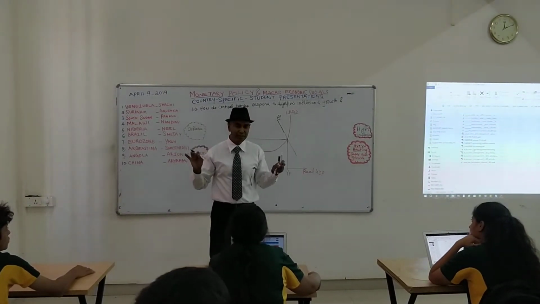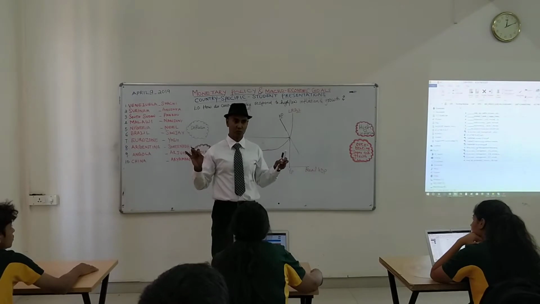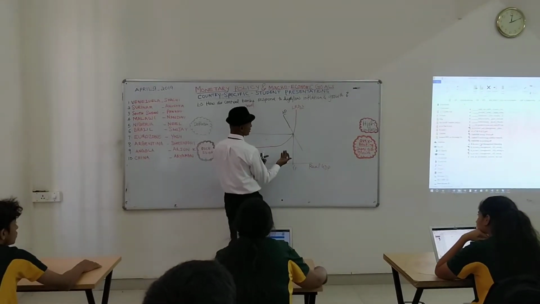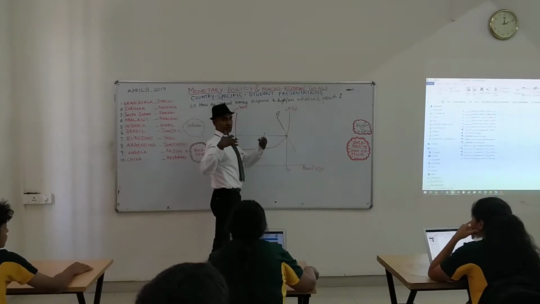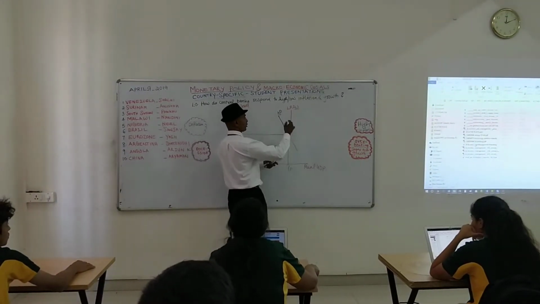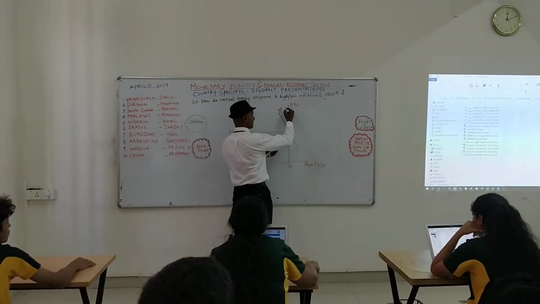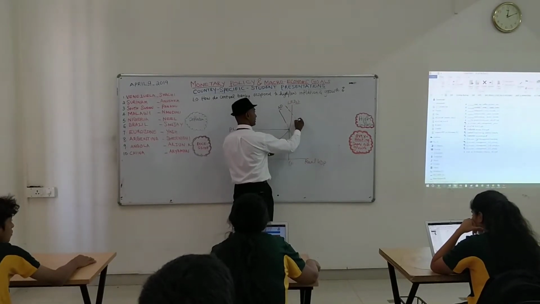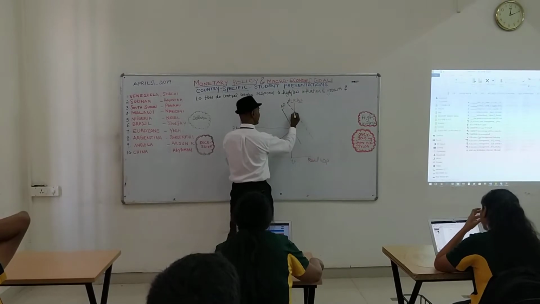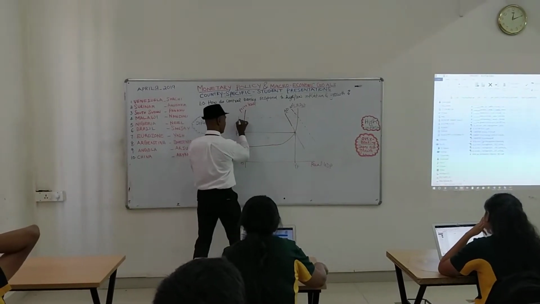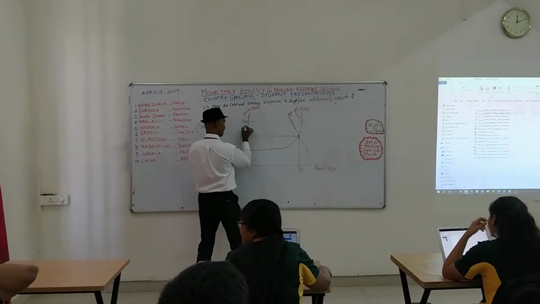But that is not the way it happens all the time in the world. Sometimes, due to increased incomes or increased money supply or whatever, aggregate demand can shift to AD dash, bringing hyperinflation in the economy, PL1, right?